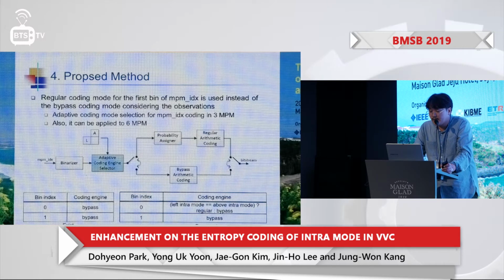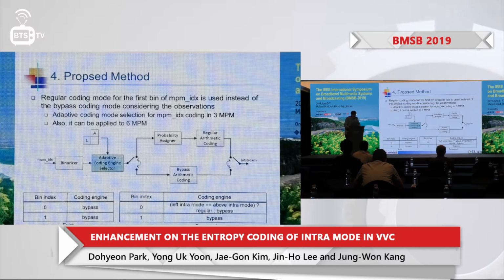If the left mode and above mode are the same, the code will pass the regular coding engine. Otherwise, the code will pass the bypass coding engine. This method can be implemented on both 3 MPM and 6 MPM.